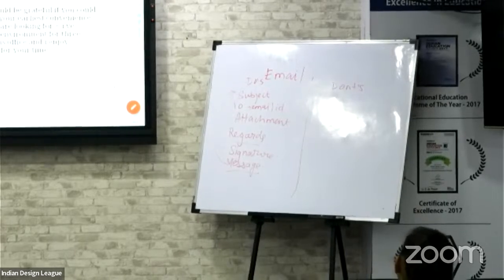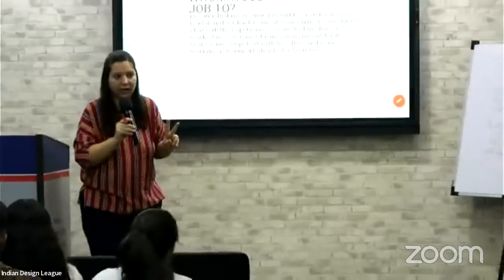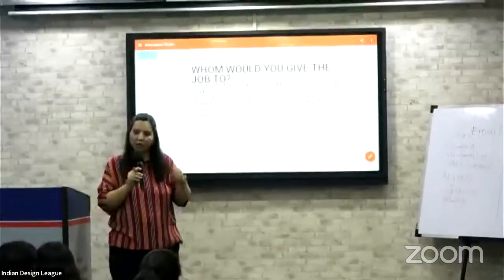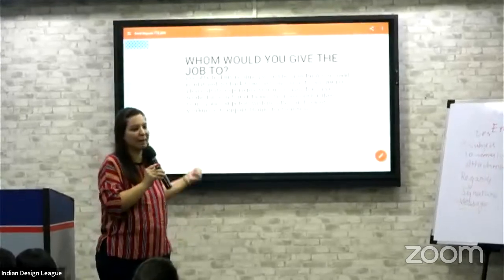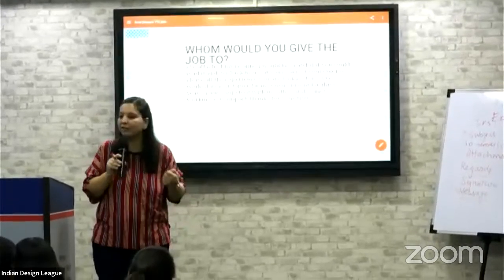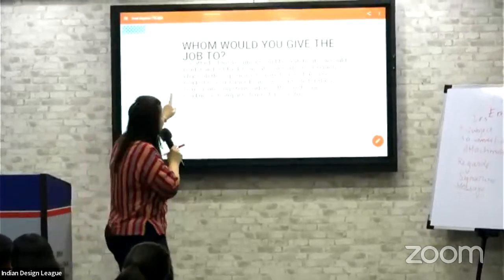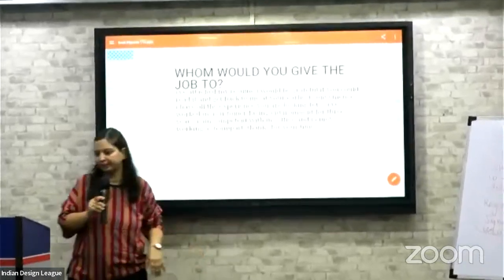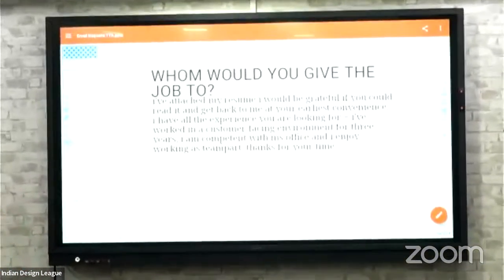There are 2 emails that I'm going to display. Okay, now you tell me which candidate who has applied for a job you will give a job to. This is the first email. Read it nicely.